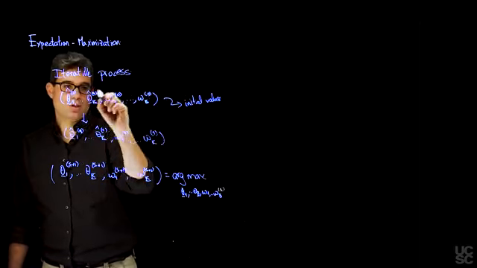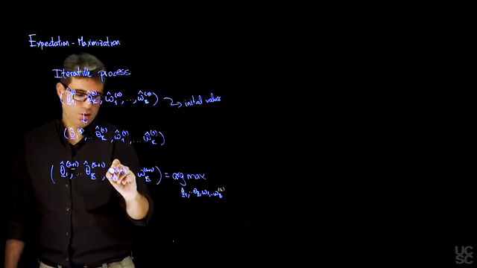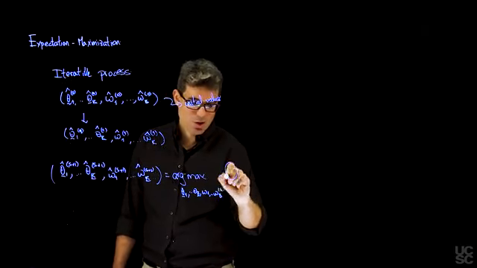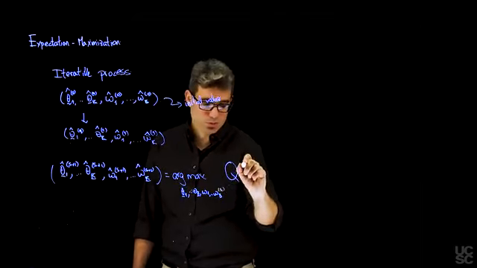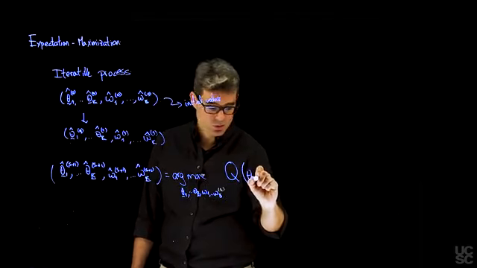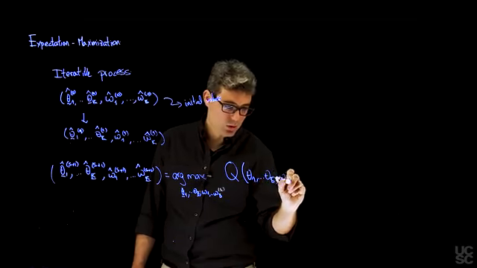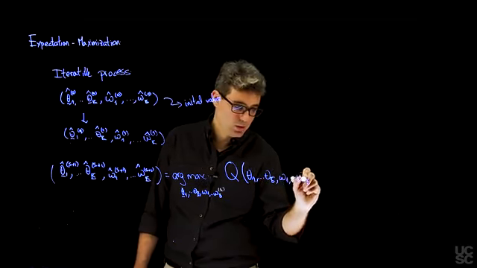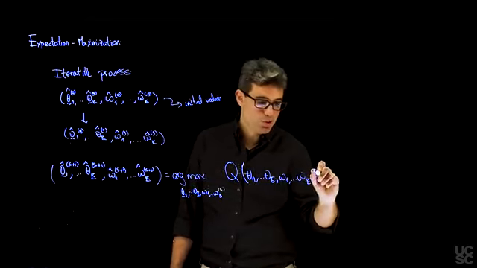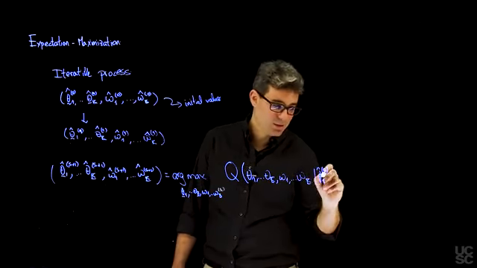Sorry, I should have used hats everywhere to indicate that these are my estimators for the parameters. So I'm going to compute this as the argmax of a function that I'm going to call Q. And this function Q is, of course, a function of θ_1 up to θ_K and ω_1 up to ω_K. But it's also going to be defined in terms of the previous values of these MLE estimators.